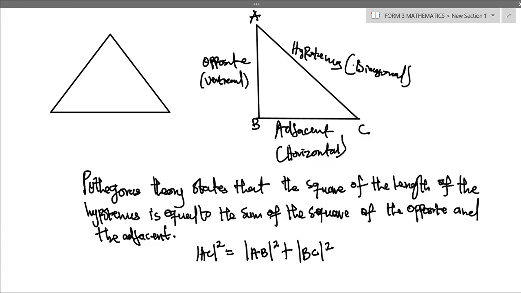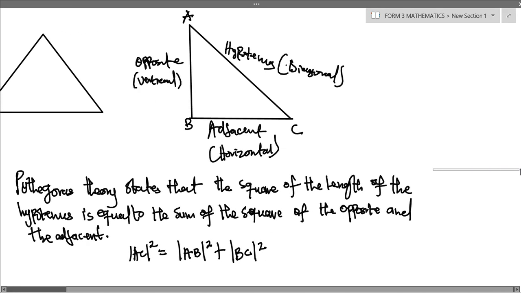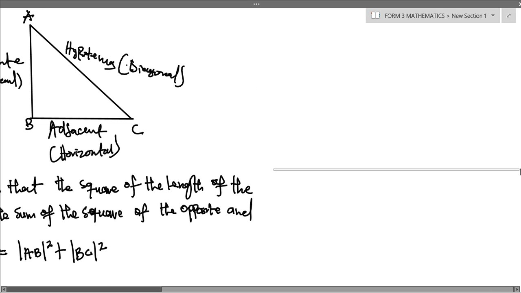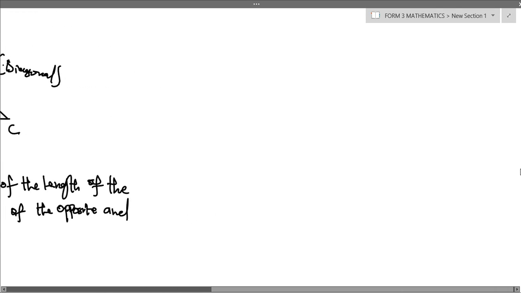So this was what we were able to establish the other time. And we solved quite a number of problems with this formula. So let's do a quick revision and solve one problem before we continue.